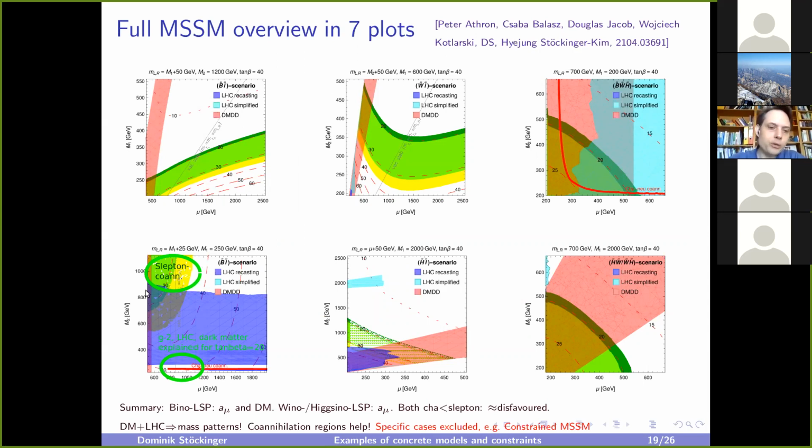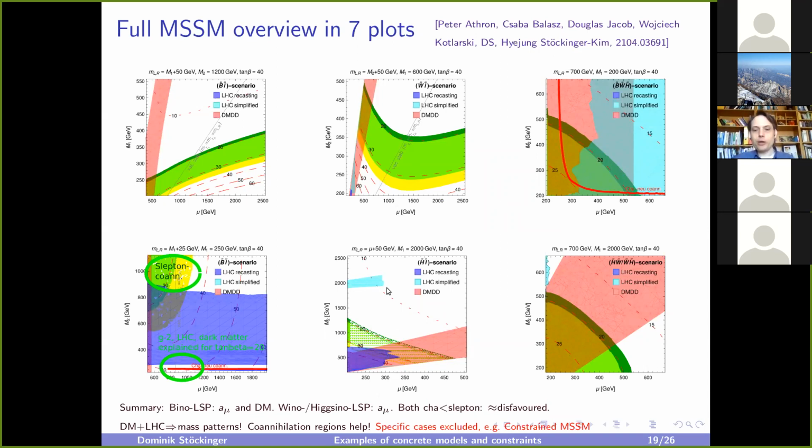We can do it either using slepton or stau co-annihilation, or using chargino-neutralino co-annihilation. In all these cases, we can perfectly well explain g-2, and the LHC limits can be evaded because of the small mass splittings.